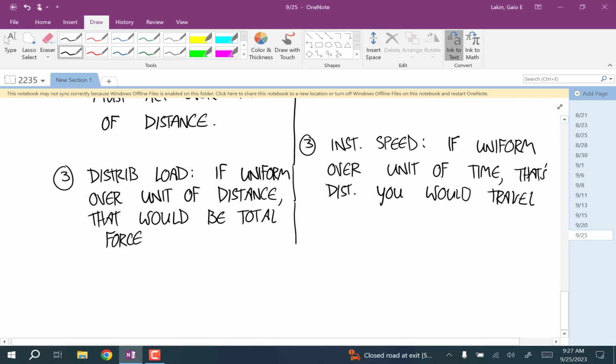Okay, another way you can think about it, you'd think this is the equation that we would use all the time. We're not going to use it that much, but you can think of it as the total distance is the integral of the speed with respect to time.